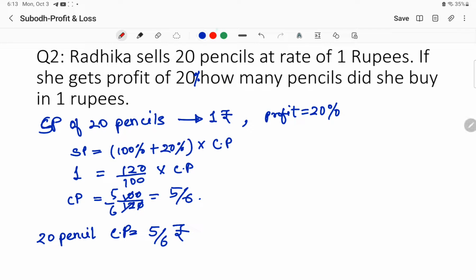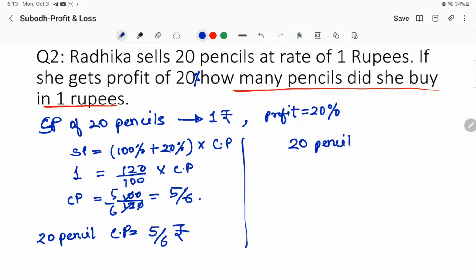And in the question we are asked how many pencils she bought for 1 rupee. So we can do one thing: 20 pencils are for 5 by 6 rupees. Now we have to find how many pencils she bought for 1 rupee. Here we can do cross multiplication.